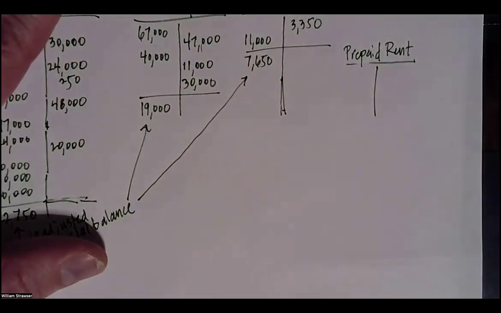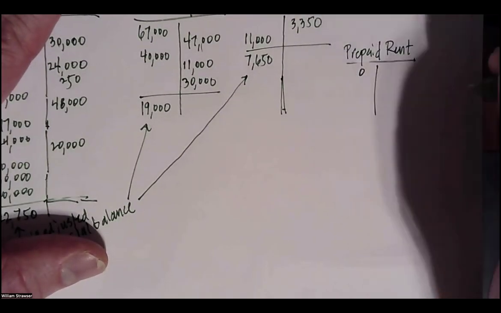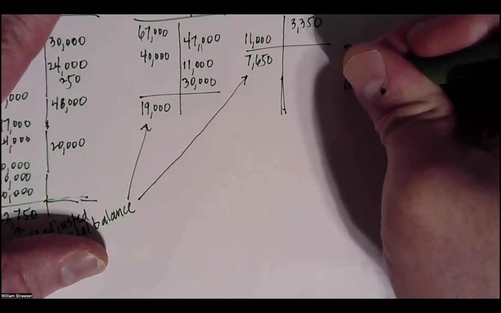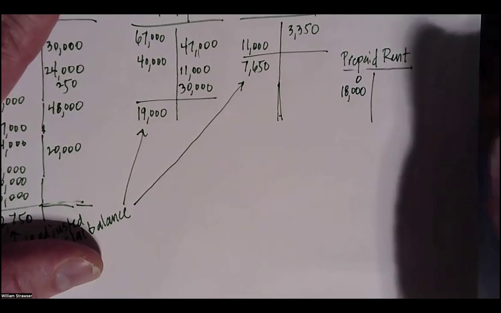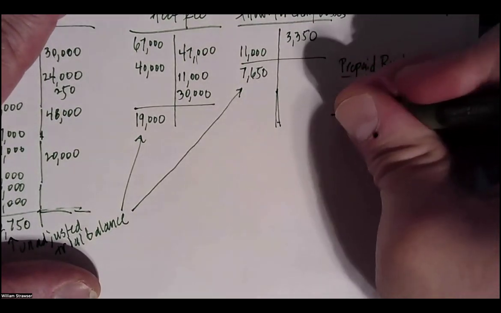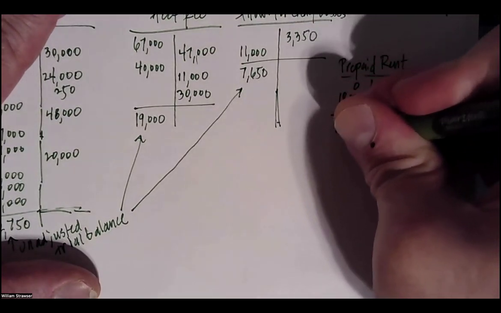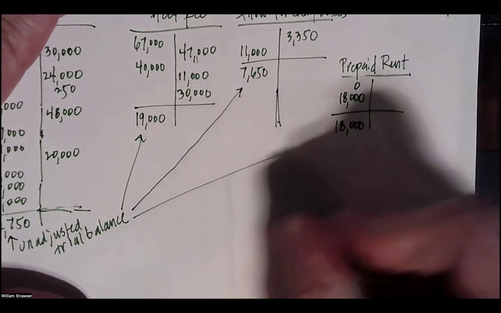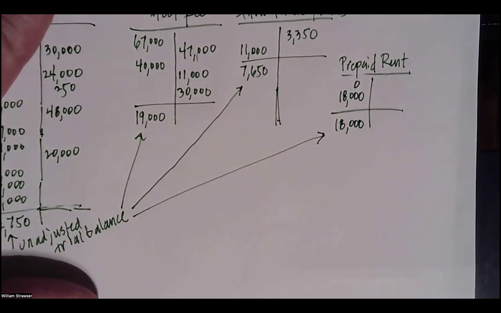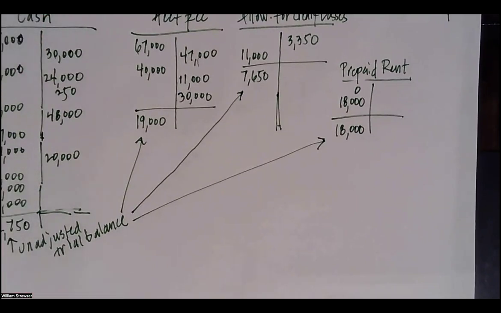So it started at no balance. And then I put in $18,000 with a debit in that first transaction. And that creates a debit balance of 18,000 for my unadjusted trial balance account for the 6 months of rent. Okay.